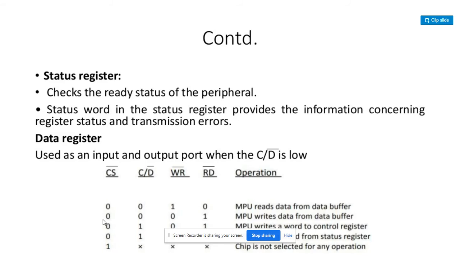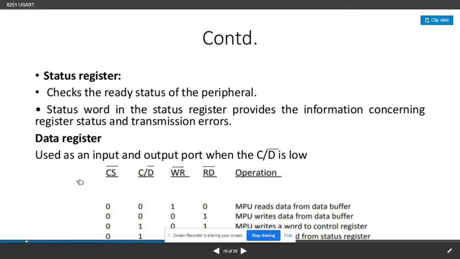There are some signals that is used for input output port. When this signal is low, so when the combination is of chip select signal, control of data register or write signal or read signal, depending on this, microprocessor read the data from the data buffer when the combination is 0010. When the combination is 0001, microprocessor writes data to the data buffer.